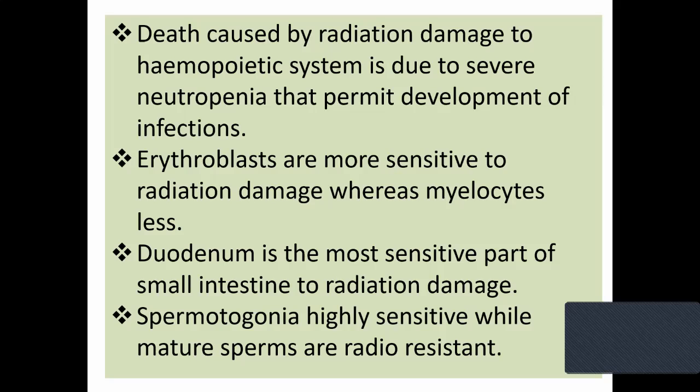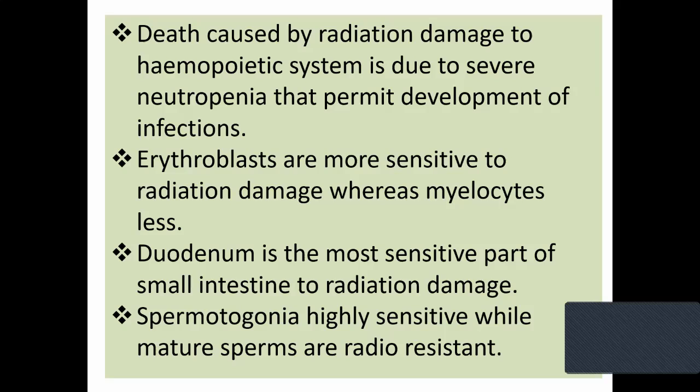Then, if we compare the different stages of RBC, erythroblast is more sensitive to radiation damage, whereas myelocytes are less. Next, among the different segments of the GI tract, the duodenum is more sensitive to radiation damage among the different segments of the small intestine as compared to the others, right?